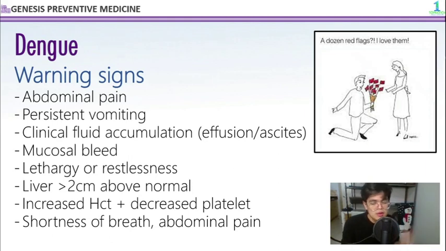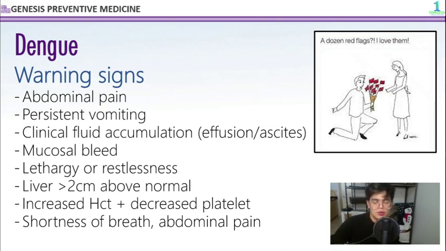So 12 is the normal liver span in physical examination, measured via percussion in the lower hemithorax at the level of the mid-clavicular line. So if the liver is more than 14 cm, that is a warning sign. Take note, in imaging, the normal liver span may be different. For example, ultrasound: 15.5 cm would be the normal for the liver span.